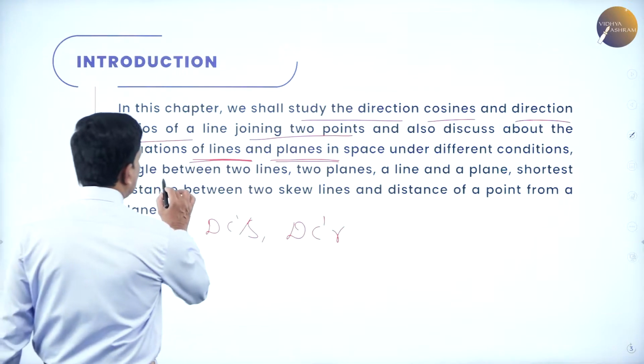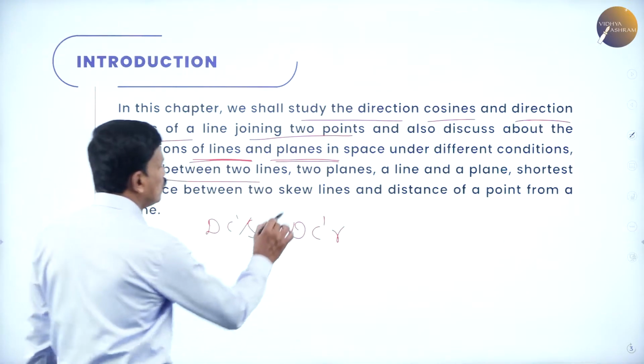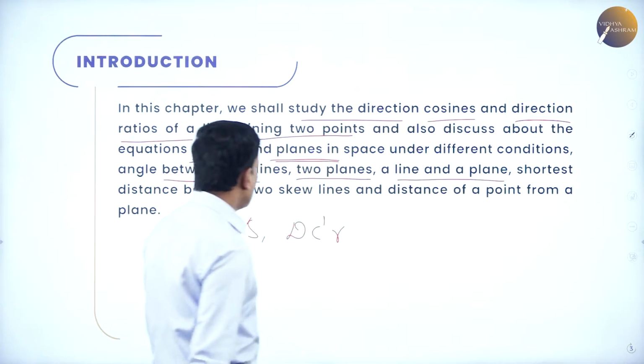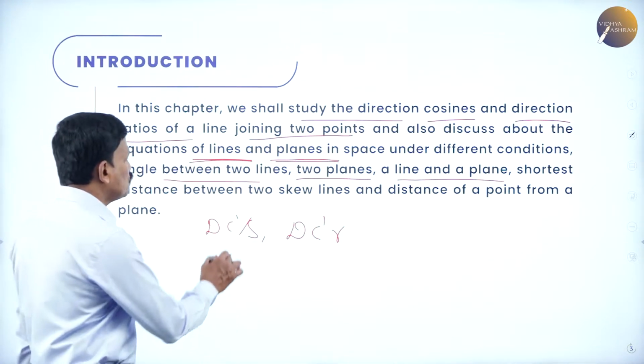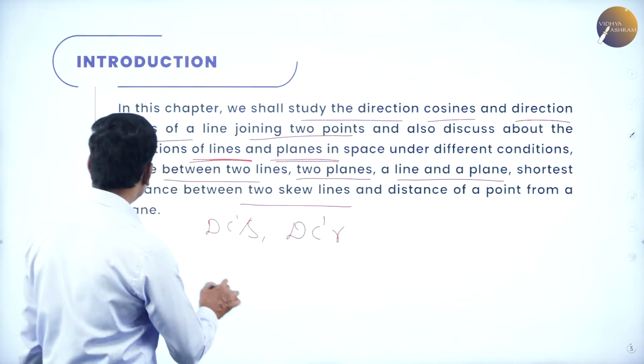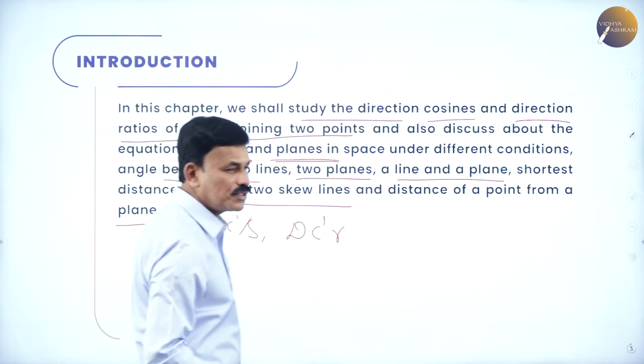Further, the angle between two lines, the angle between two planes, the angle between a line and a plane, the shortest distance between two skew lines, and the distance of a point from a plane. These are the things we are going to study.